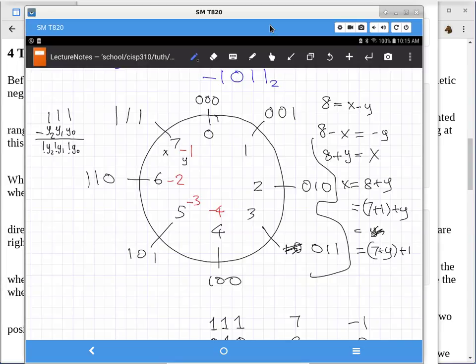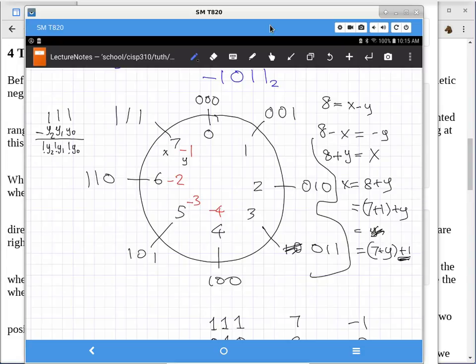Bitwise Not is also called 1's complement. Okay, so this is 1's complement. But we mentioned something about 2's complement, right? So where's the 2 coming in? The 2's complement comes from this plus 1 here. So 1's complement plus 1 is called 2's complement.